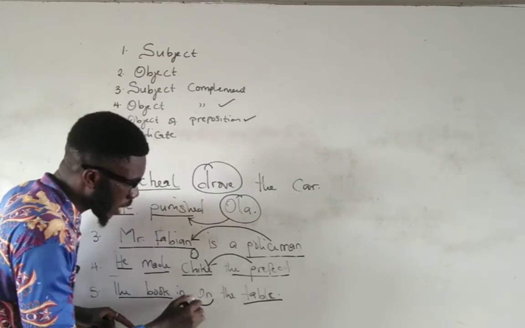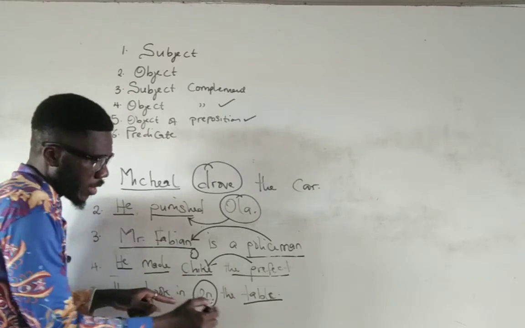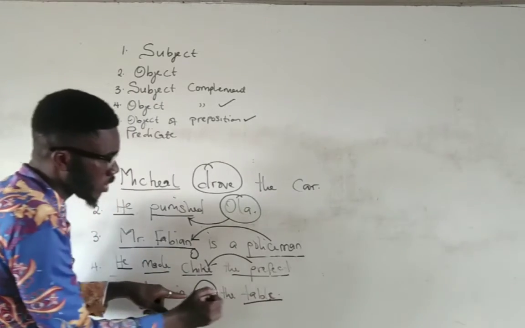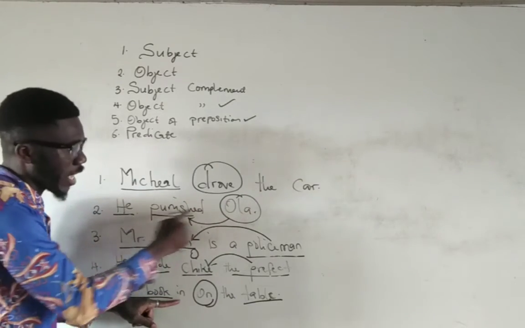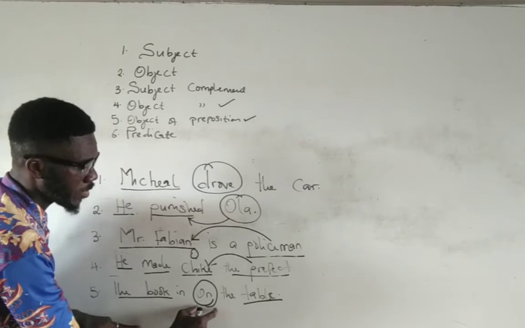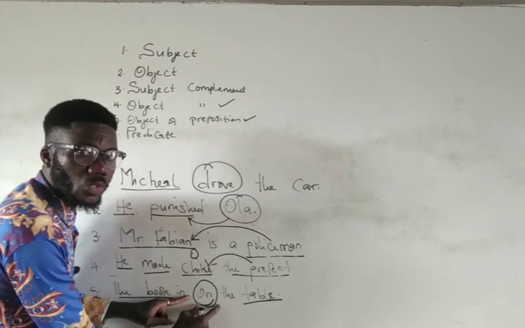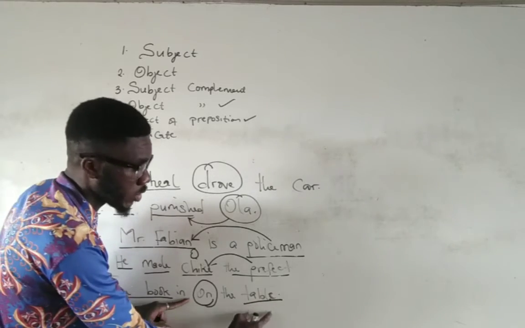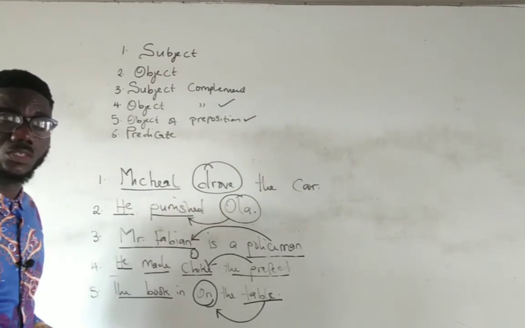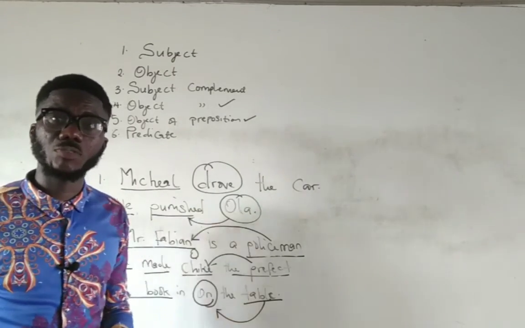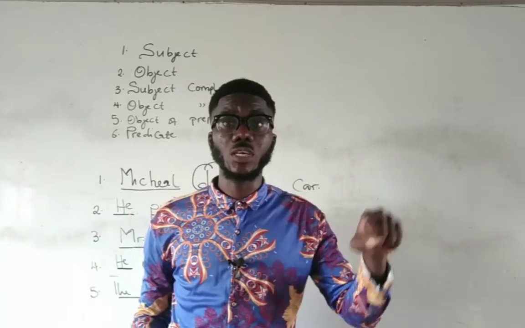Rather, it is telling you about the position of something. Do you understand that? In He punished Ola, Ola receives this action. In this case, there is no action affecting the table. This is only telling you about the position of the book. It is on the table. So this table is an object of a preposition. Just like when you have the man is in the house. House there is an object of the preposition in.